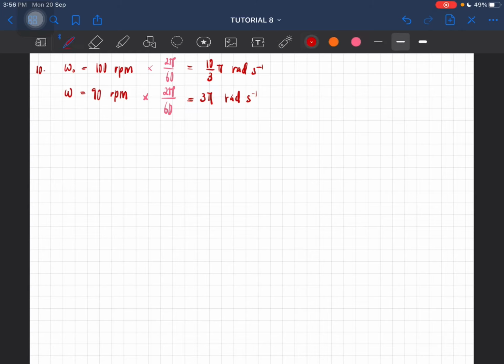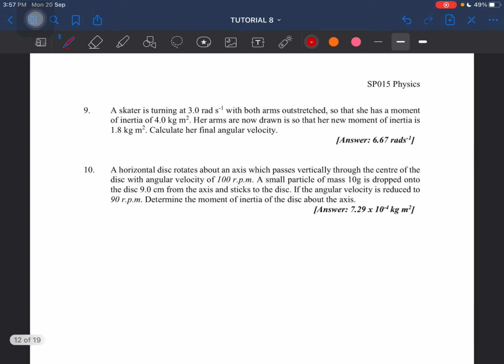Okay, so now we can use the conservation of angular momentum. Initially we only have the disk rotating on its own, so it's going to be I_d omega naught. And then after that a particle is dropped onto the disk.